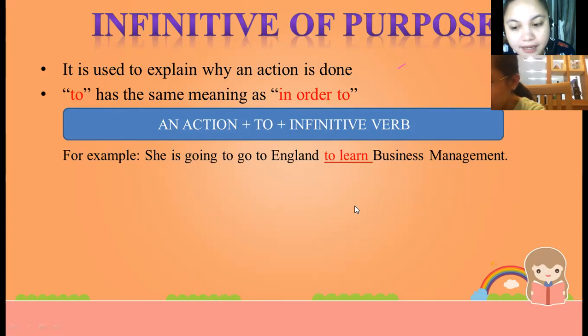Is that your sentence? Yes. Okay, that is correct because you have used the word to and explained the reason why.